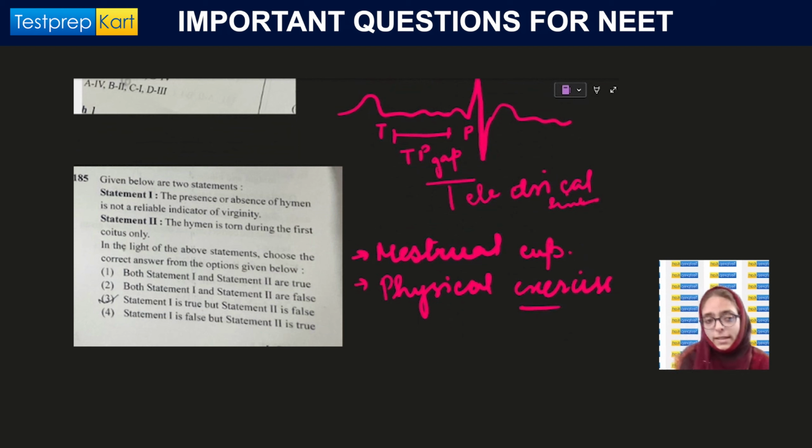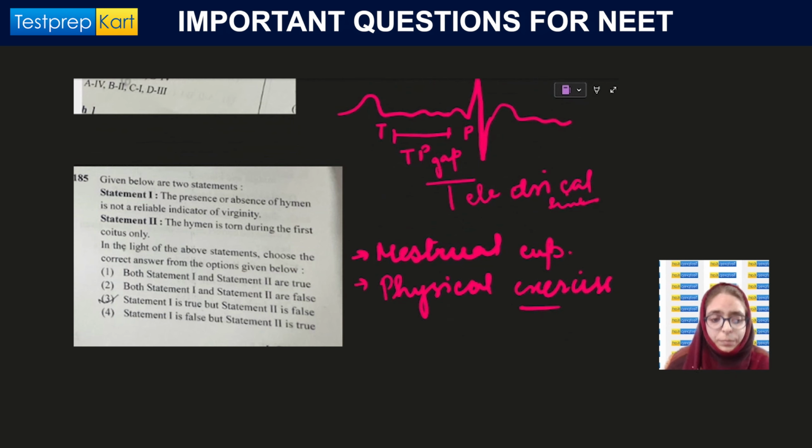In a few people, the hymen is already torn. So it has nothing to do with virginity. If someone's hymen is absent, that means she is not a virgin. This is a completely wrong statement.